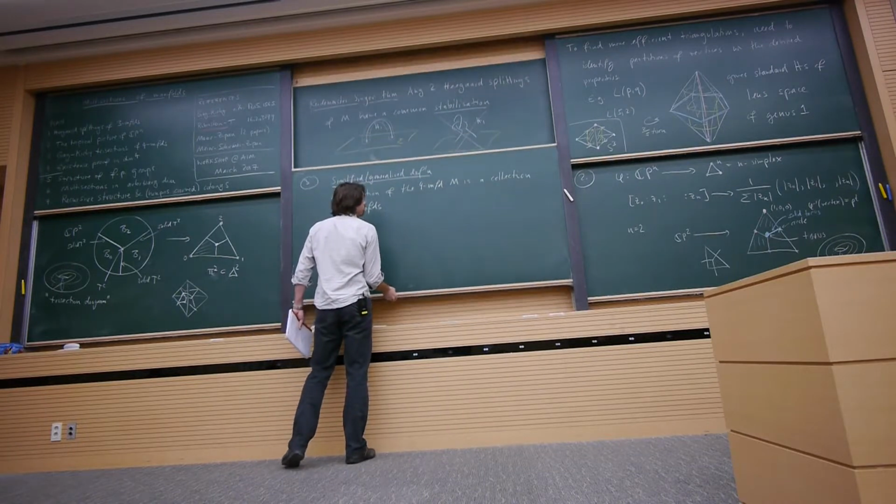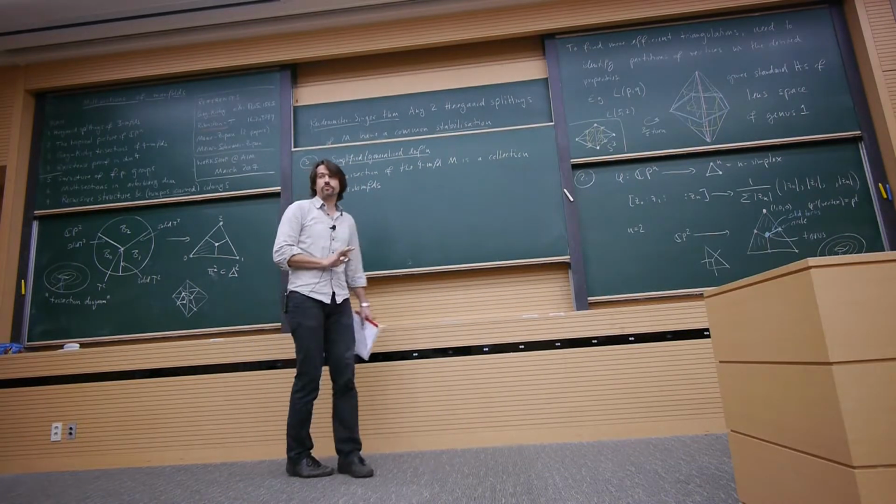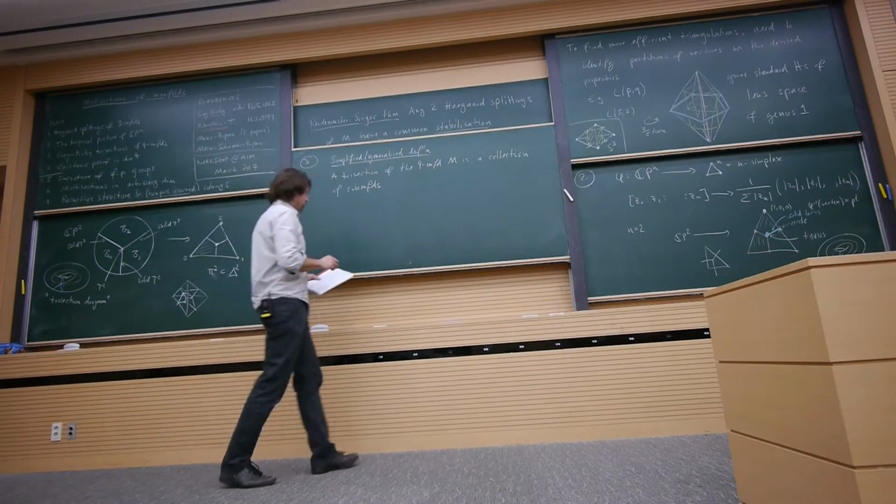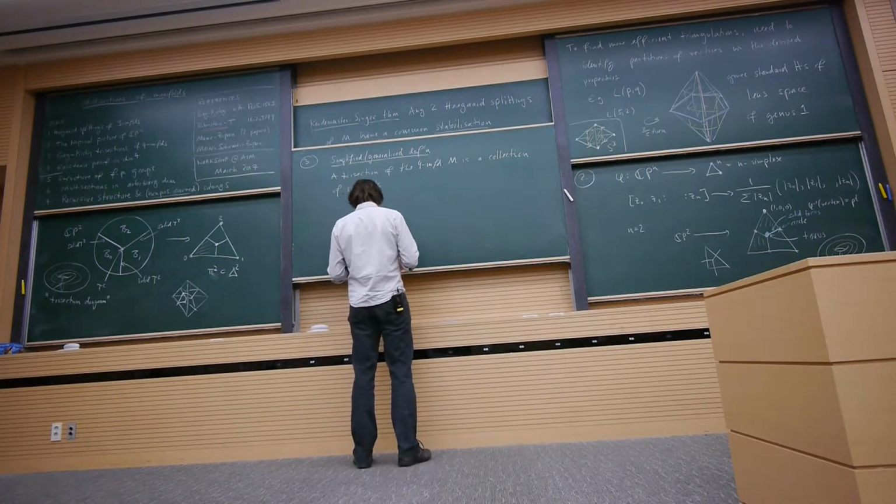And so anytime I mumble manifold or submanifolds, just think piecewise linear. Yeah? So of course in dimension 4, you can also think smooth, but then in higher dimensions, not anymore.